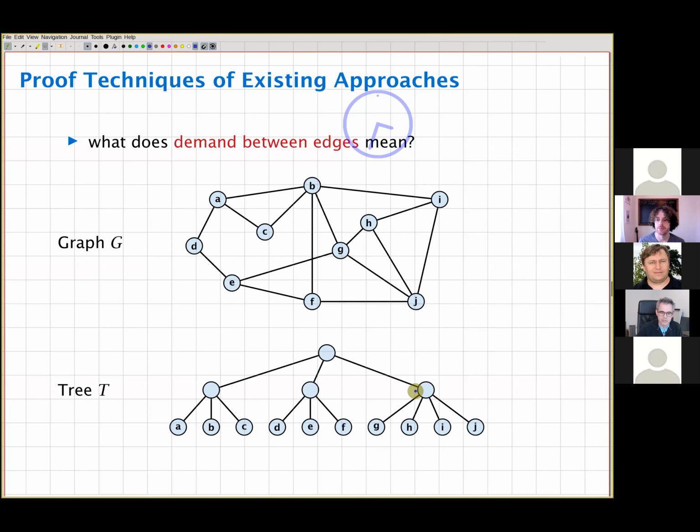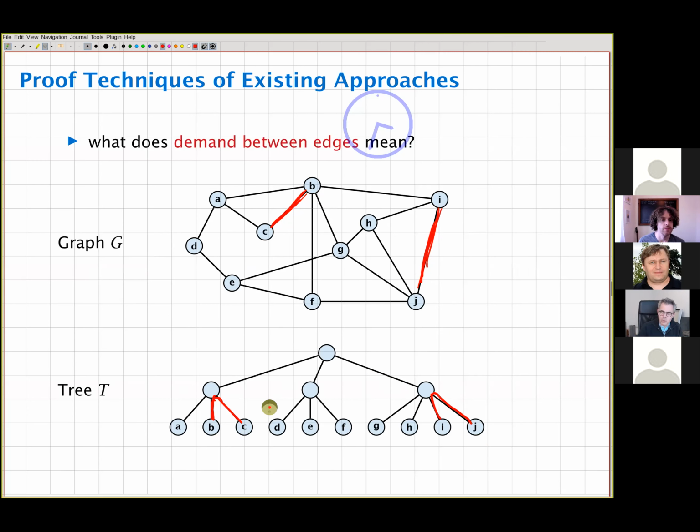Here I have a graph. So I have a demand between edges. Suppose that I have a demand between this edge and this edge. What does this mean for T? What should I do in T then? I define it as follows. For T, I'm looking at the path between these endpoints. I'm looking at this path and I'm looking at this path.